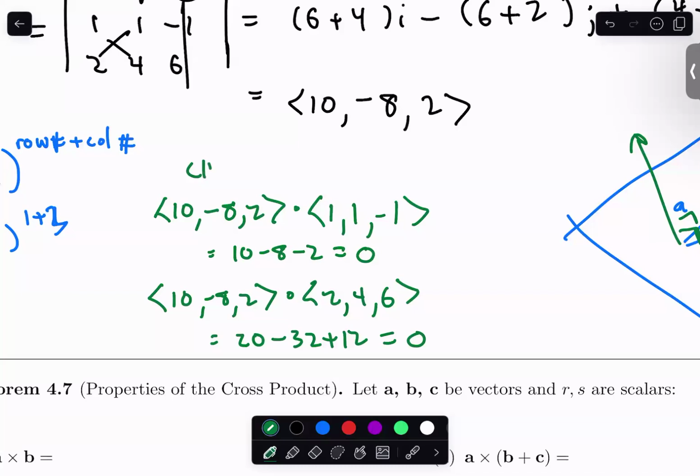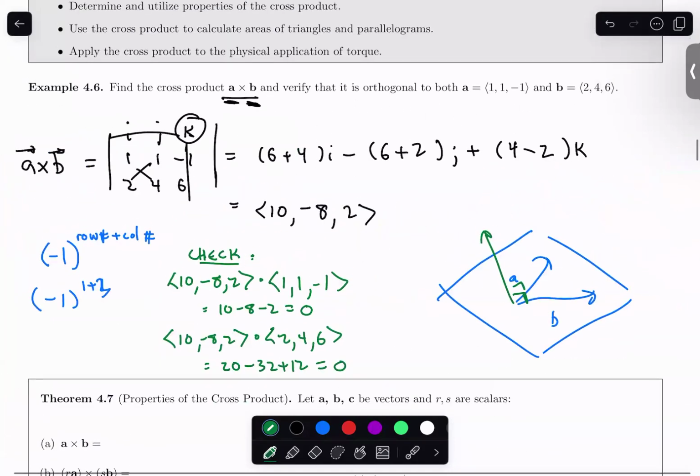So this right here is the check to verify that what we have is indeed orthogonal or perpendicular to our two starting vectors. So that's this bit here. Verify that it's orthogonal to our two starting vectors. All right. Any questions on this problem here?